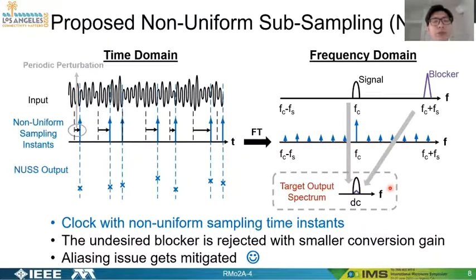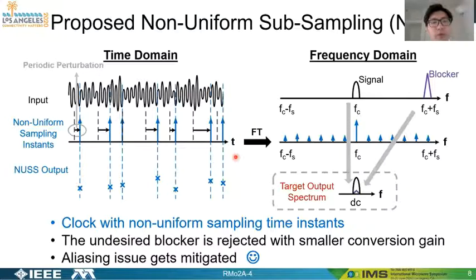Different from the uniform subsampling clock, we intentionally give a periodic perturbation on top of a uniform sampling instance. Each perturbation is confined in one sampling period so that every sampling instant can always be earlier than the next one. The input waveform is sampled by this clock with non-uniform sampling instances.